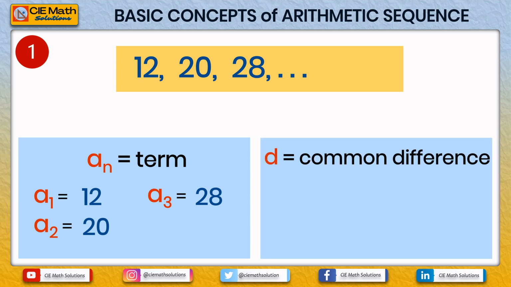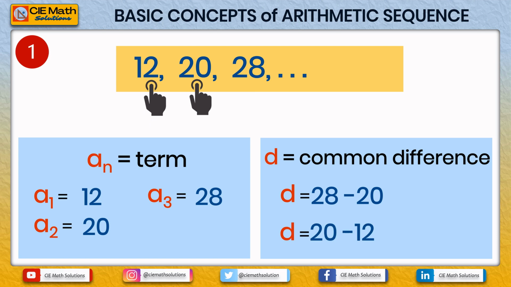The common difference of an arithmetic sequence is denoted by d. d here will then be 28 minus 20, or 20 minus 12, which are both equal to 8. The common difference then, or the value of d for this arithmetic sequence, is equal to 8.